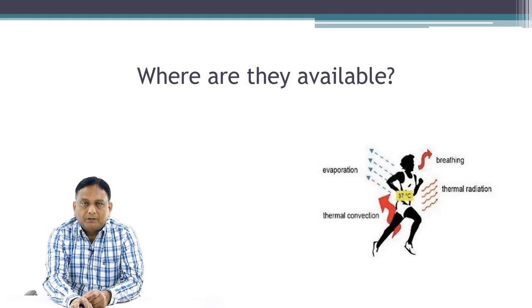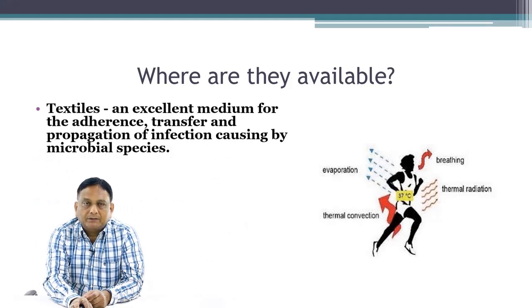Now in this category, we can see how these microbes can develop on textiles, because textile is an excellent medium for the adherence, transfer and propagation of infection caused by microbial species.